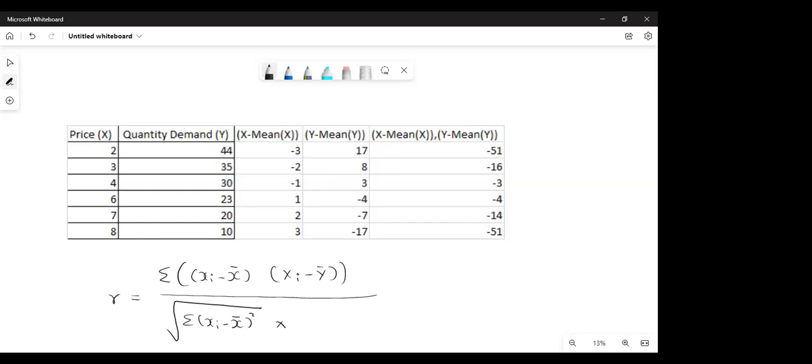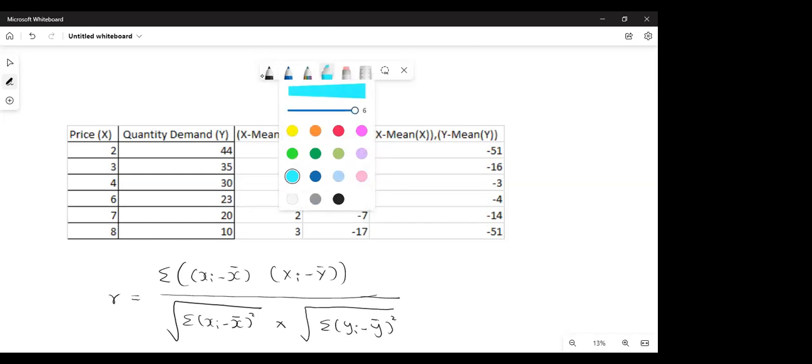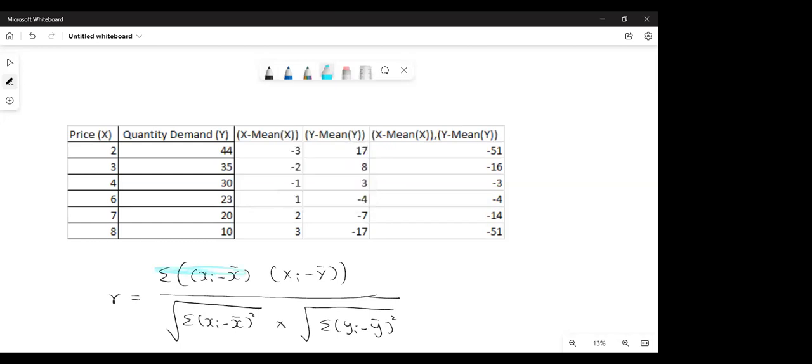Into or plus? So guys, we just find this number, which I'm doing in blue color for you. This blue color is also similar to this blue color.